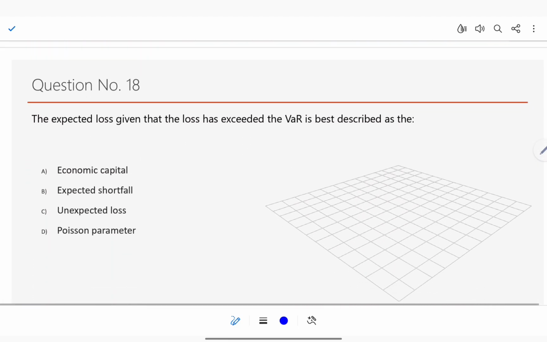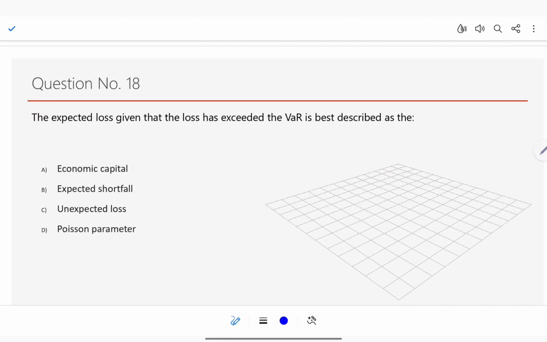Question number 18. Now this is again a theory question. Nowadays GARP is very much interested in checking the concepts of the candidates, so they are now not checking the quantitative part, they are checking the qualitative part.